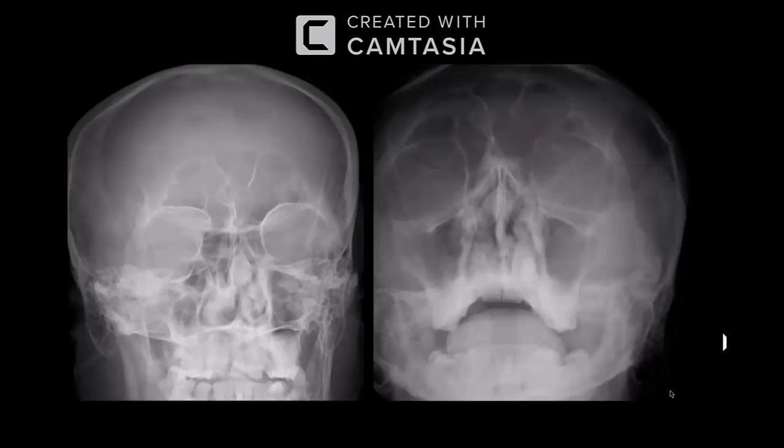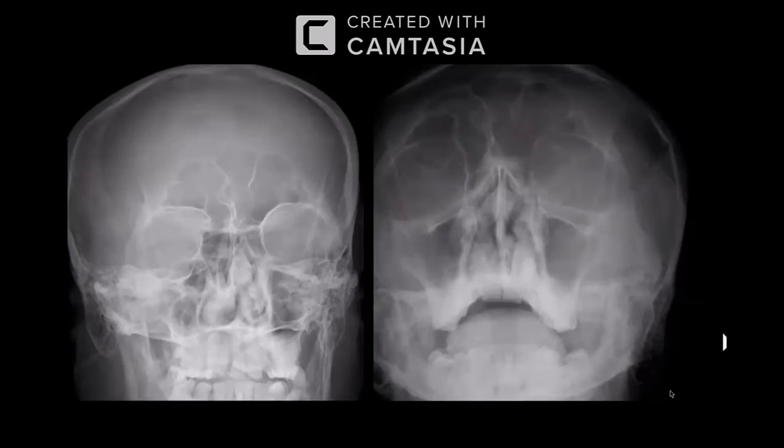I'll give you another clinical history clue. Patient is having a severe headache, predominantly on the left side. Okay. So this patient has predominant headache on the left side. So I'm looking at the bilateral sphenoid wings and I'm comparing these.